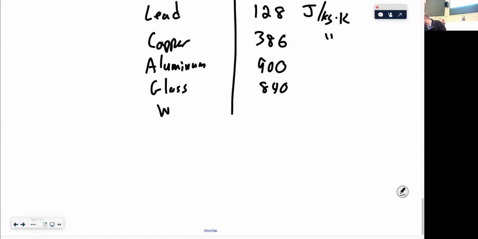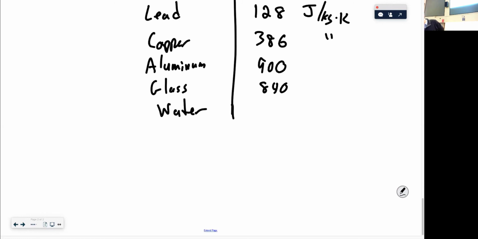And this is a fascinating one. Do we know what the specific heat of water is? I wouldn't either. Say it again. 4.19. That's right, but it's in a different unit than I'm using right here. That's in kilojoules per kilogram Kelvin.